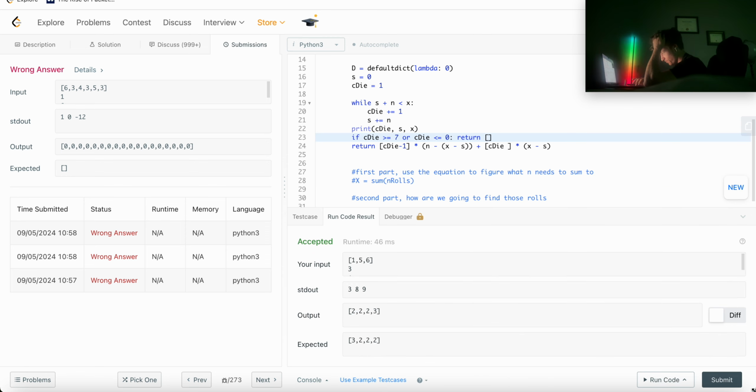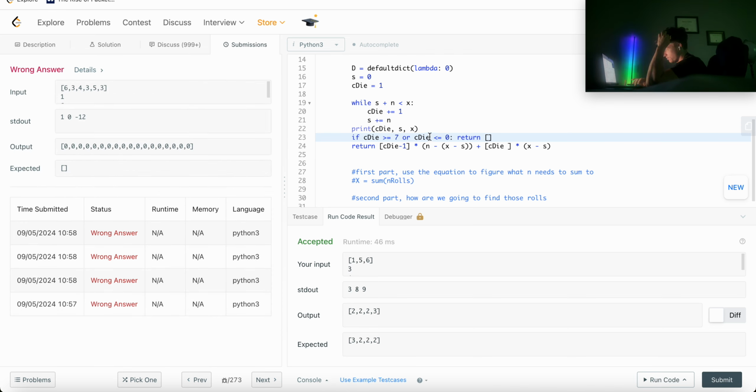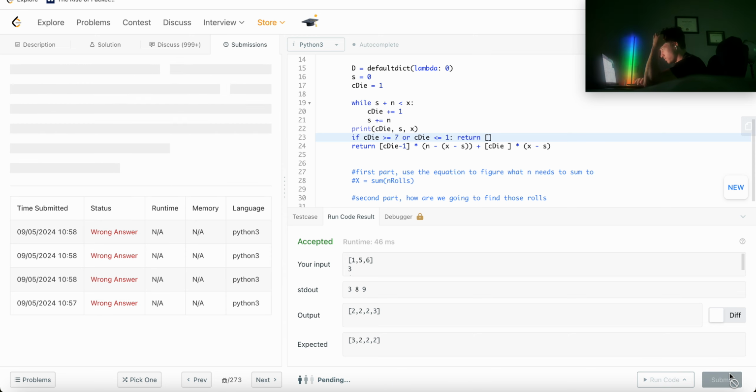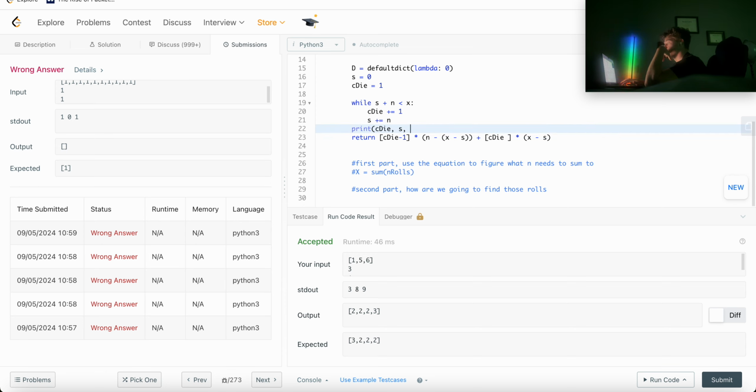I'm really just brute forcing this to try to figure out different situations where this doesn't work. All these cases where it doesn't work out, I need to figure this out right now. That's the problem. So let me just think about the cases where it doesn't work.